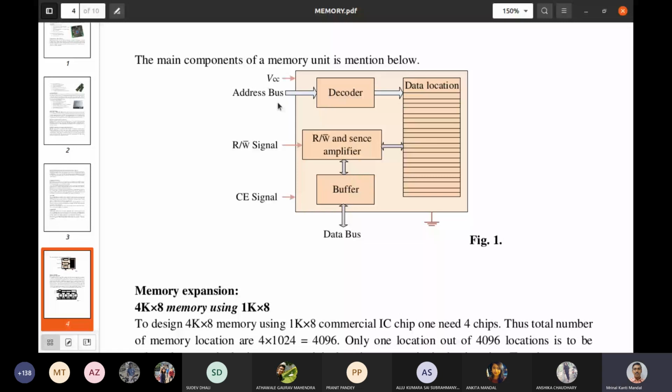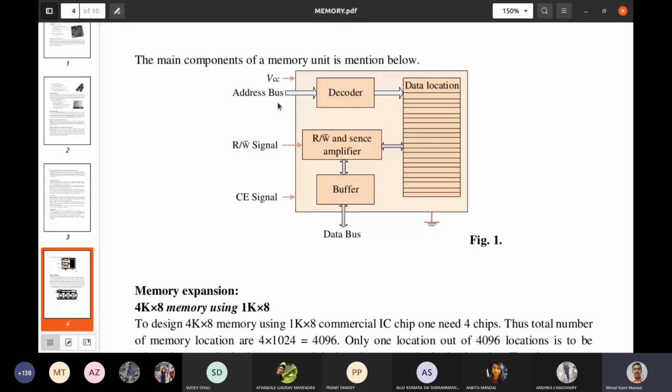So if it is read, then the signal will be high. This read write bar signal will be high to read the data from the memory location, and it is low when the user wants to write something on the memory location, that is write bar.